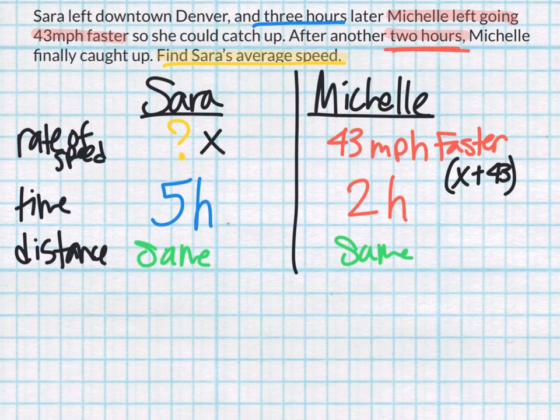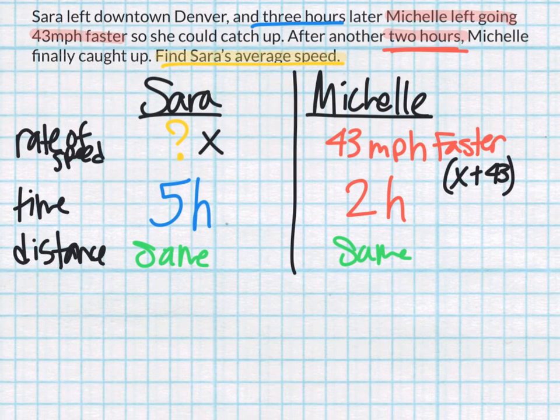So this is going to be a little bit different. Like I said, we remember that rate times time is equal to distance. I could say distance is equal to rate times time. So the distance is the same for each of these. I can say for Sarah, she's going x miles an hour times 5 hours, and that's going to be equal to the distance.